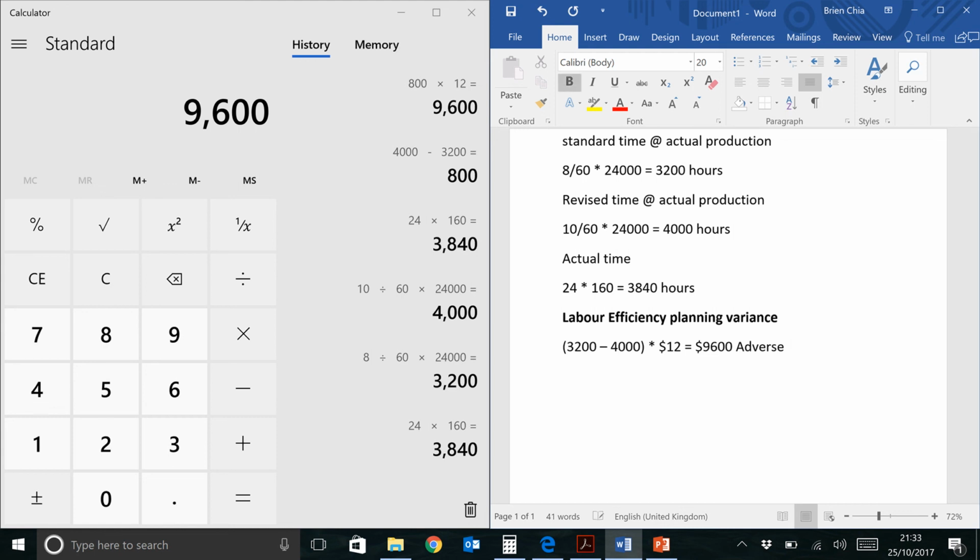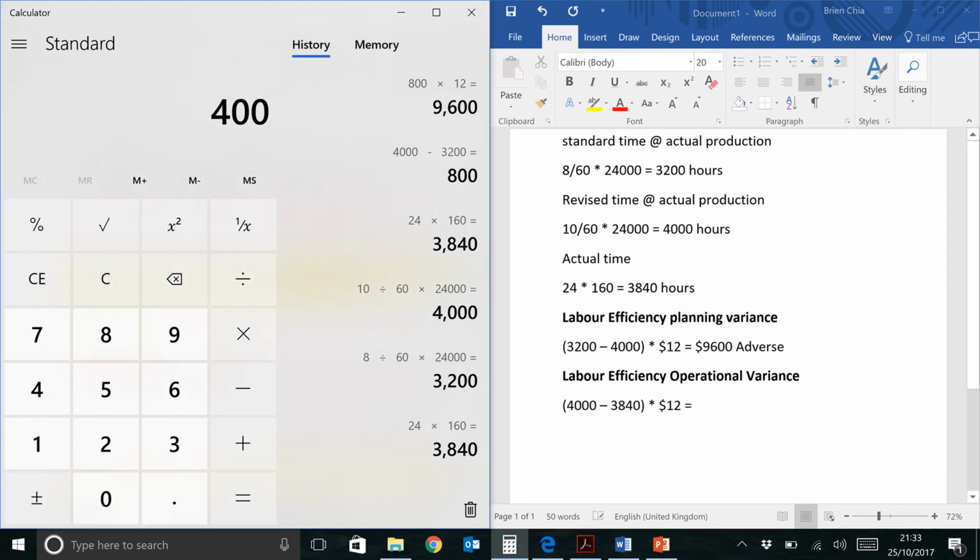Now we're going to calculate the labor efficiency operational variance. That will be the difference between the revised time and the actual time. So let's just calculate that. It will be 4,000 minus 3,840, multiplied by $12, which is the same amount.